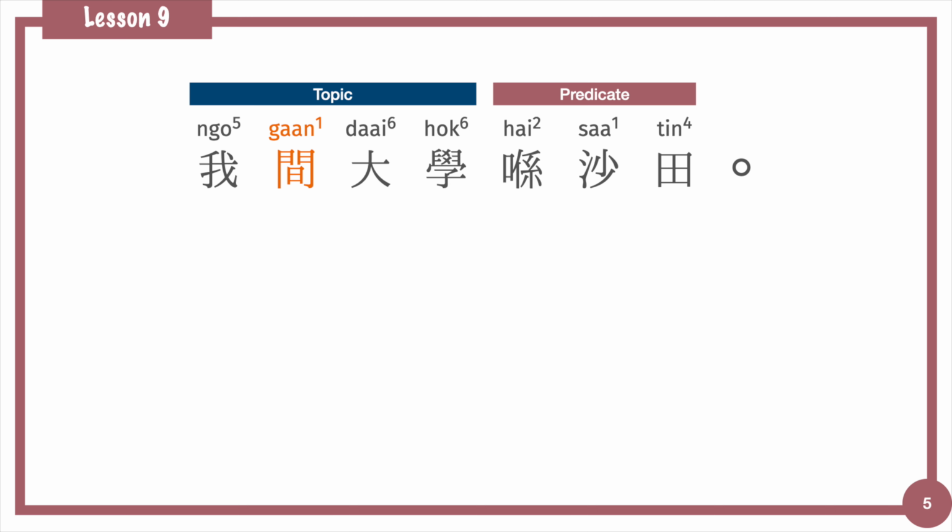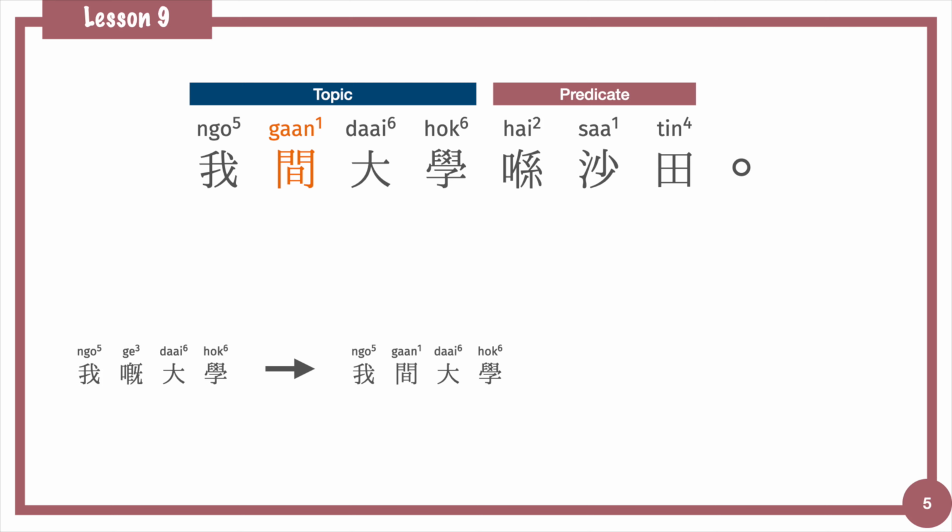Measure words also show ownership or association, especially when placed between a pronoun and a noun. For example, 我間大學喺沙田. In Lesson 2, we learned using the word 嘅 to indicate possession or belonging, such as 我嘅大學 means my university. Now we can use measure words to replace 嘅. Here, 間 is the measure word for buildings.